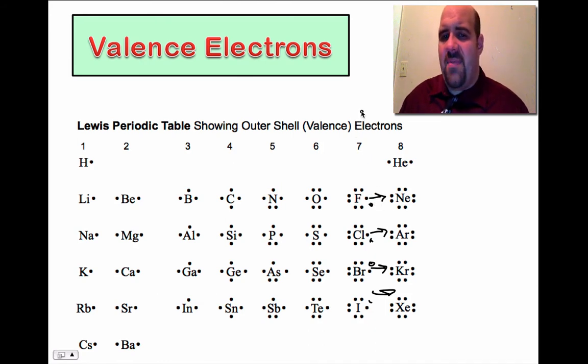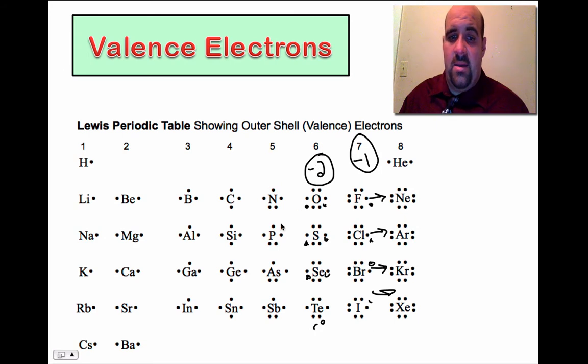So they're all going to end up having a minus 1 charge if they form ions, all the elements in this column. Because they're all going to want to gain 1 negative charge. What can you say about these atoms? In column 6, well, oxygen is going to want to gain 2 electrons. Sulfur, same thing. Selenium, same thing. Tellurium, same thing. 2 electrons to become like the nearest noble gas. And these would all have a negative 2 charge.